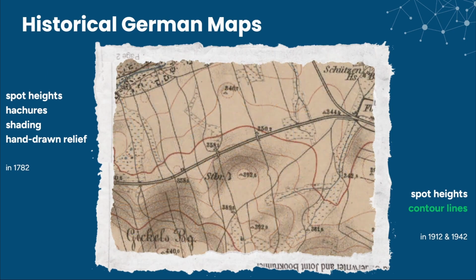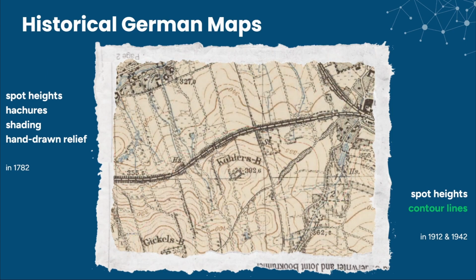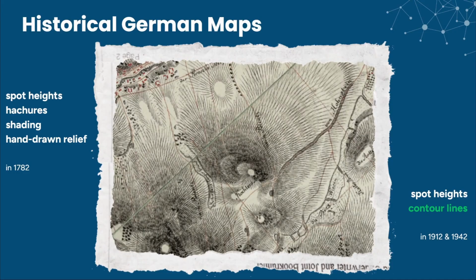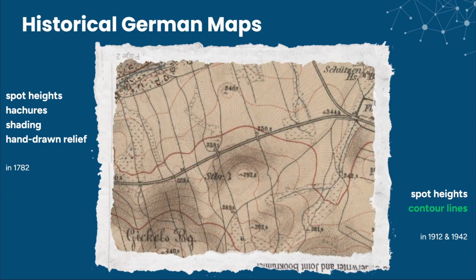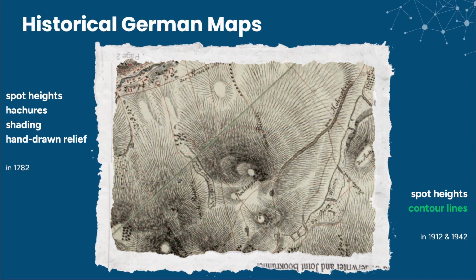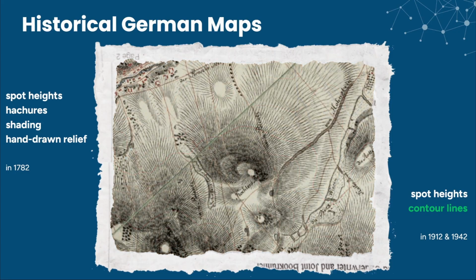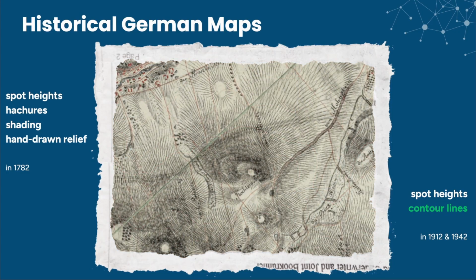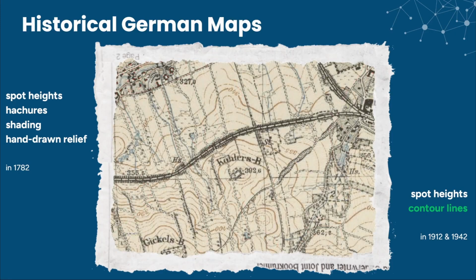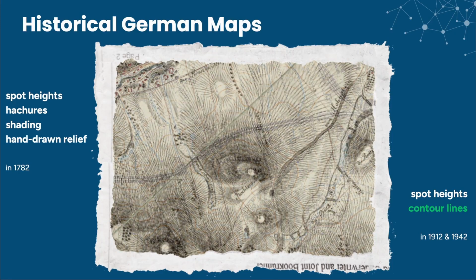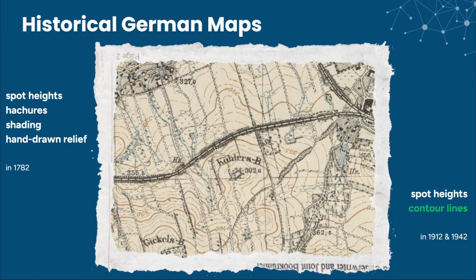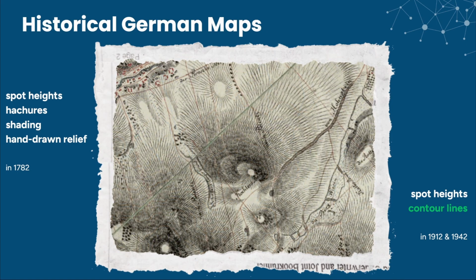For the first time, terrain could be translated into a structured visual language, one that made slopes, ridges, depressions, and elevation changes much easier to understand. So, even though our tools have changed dramatically, the goal has remained the same: to make terrain readable, and that is exactly why contour maps remain so relevant today.